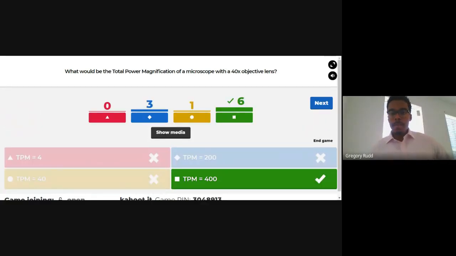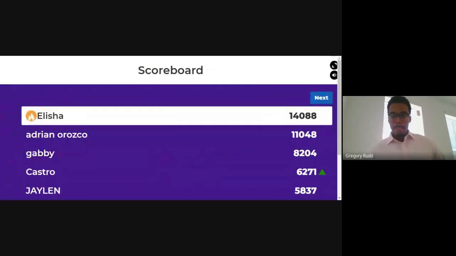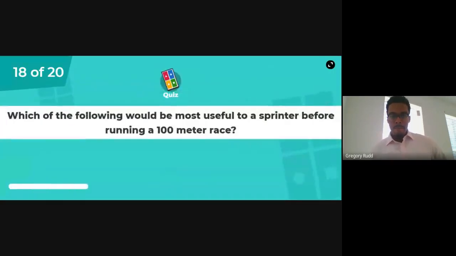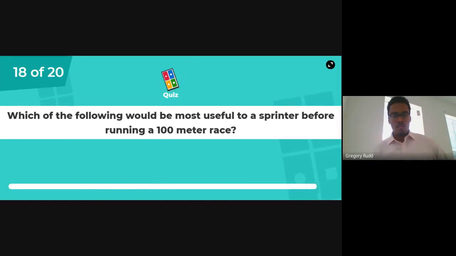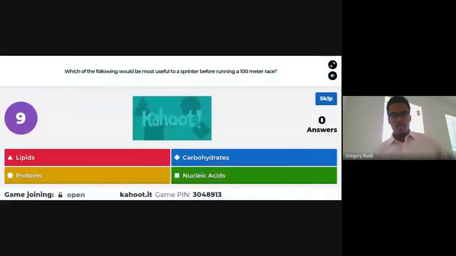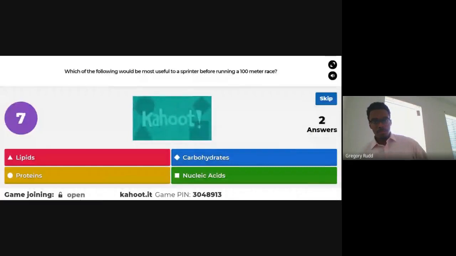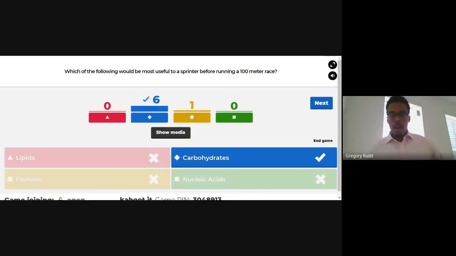So you just have to multiply it by 10. Just multiply it by 10. Good. Carbs provide that quick energy. Good job.